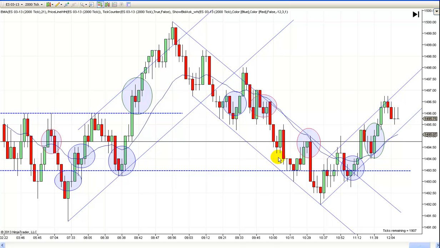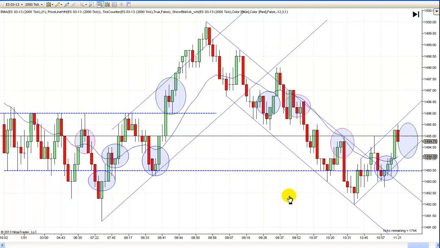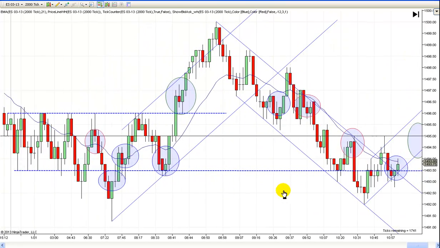It took a minute, but it broke on down. You might not have wanted to take this because there isn't a lot of overlap there. But we had the trend line, we're inside the trend line, and this is a range day, so you've got to figure there's a good chance we're coming back down to test this low side again, and that's exactly what happened.